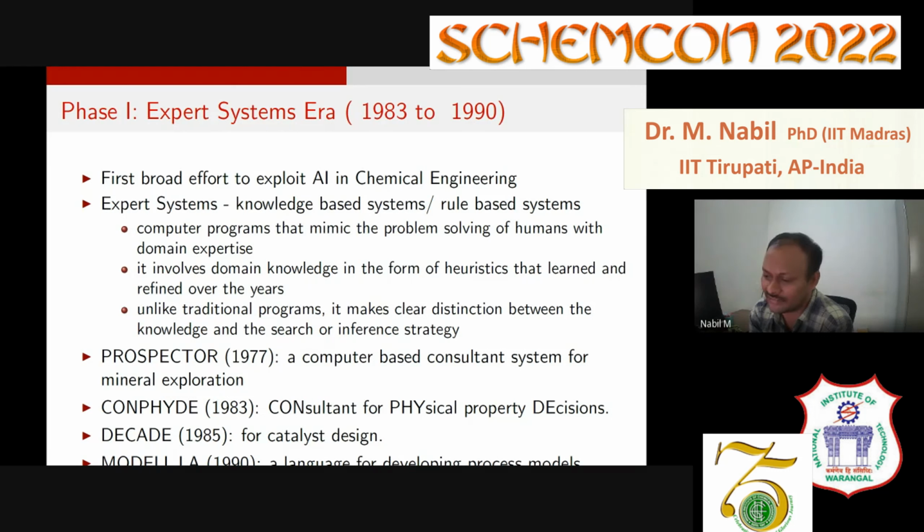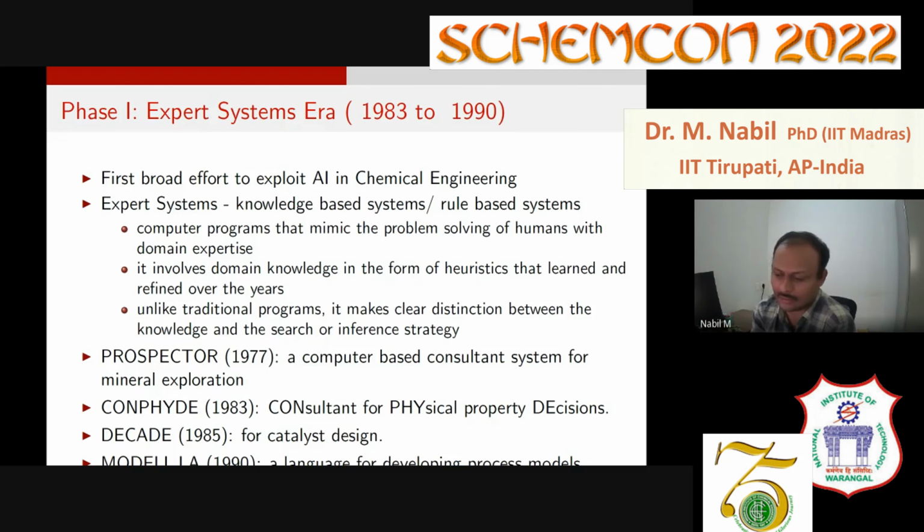Several examples of the expert systems era go back to 1977 with Prospector, which is a computer-based consultant system for mineral exploration, like where to explore minerals and how to use them in the process industry so that you get the right quality of minerals and so on.